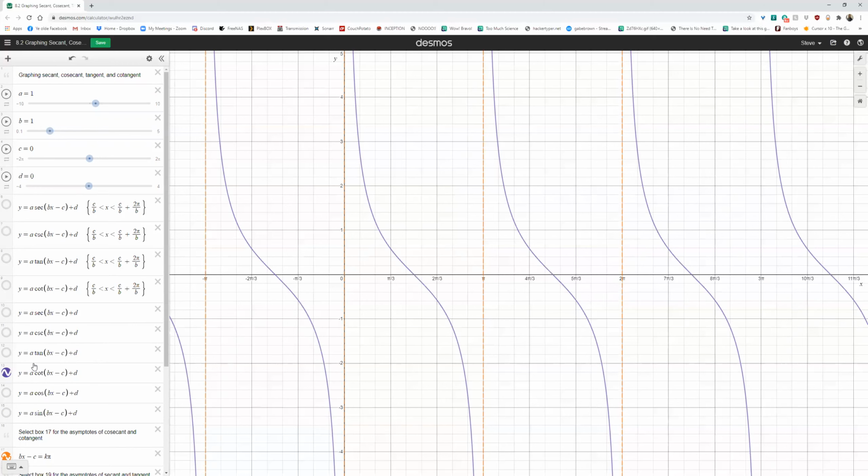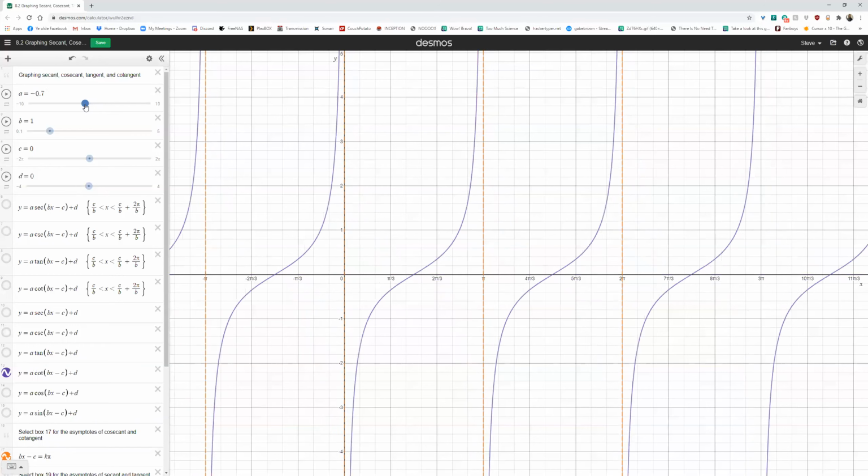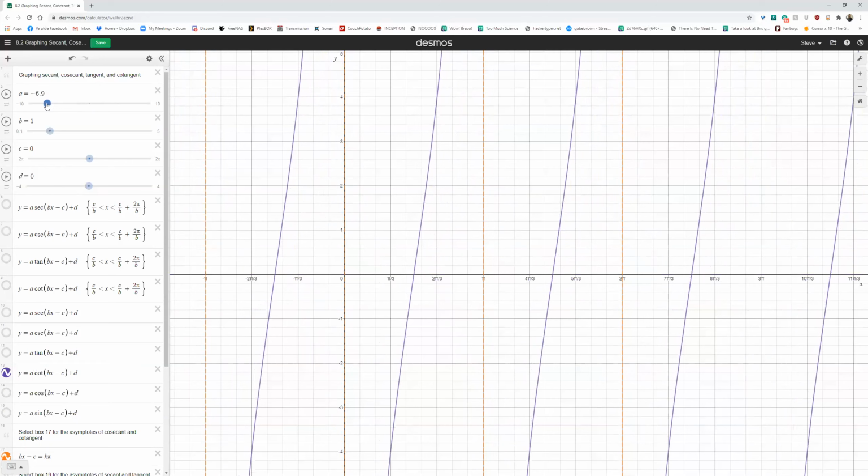So here's cotangent. And then I want to adjust those values of a, b, and c to get the right looking graph. So problem 10 has an a value of -9. So I'll take my slider for a and move it down to -9.